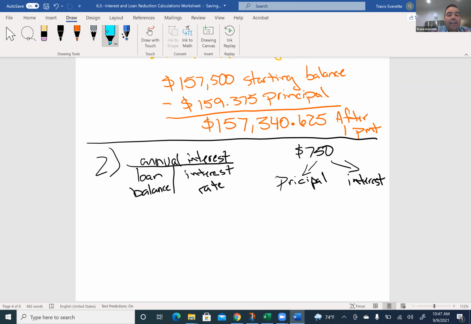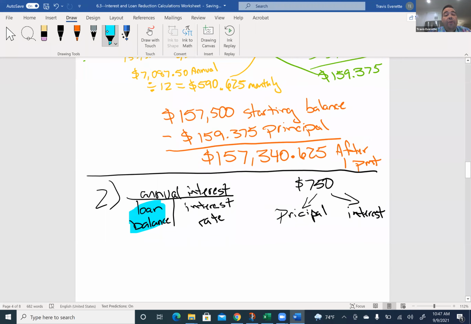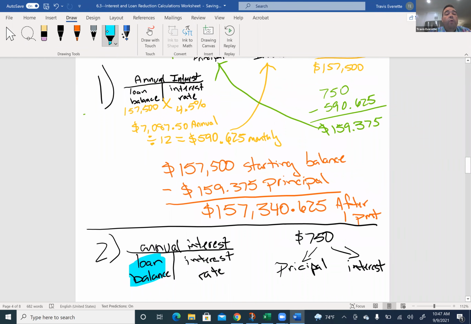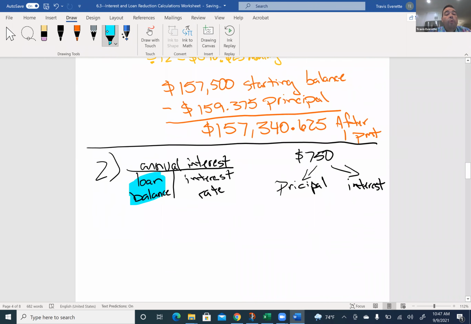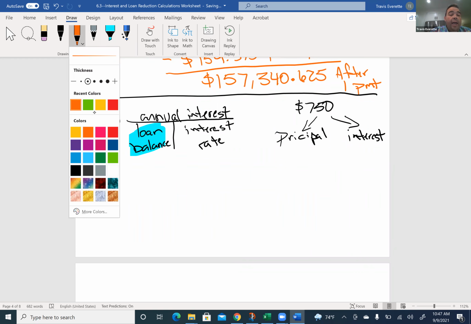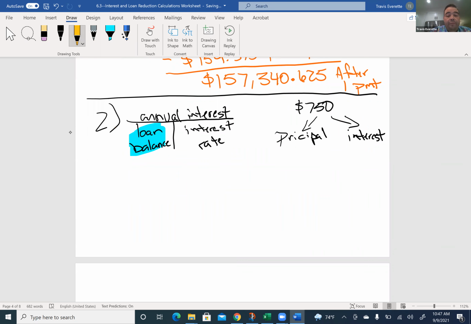But I'm going to highlight that phrase, loan balance, there. Hasn't that changed? Isn't it different? Seems like to me it's different because it started at 157.5, but we know it's 157,340 now. So we're going to go back to the drawing board on this thing, and we're going to recalculate.